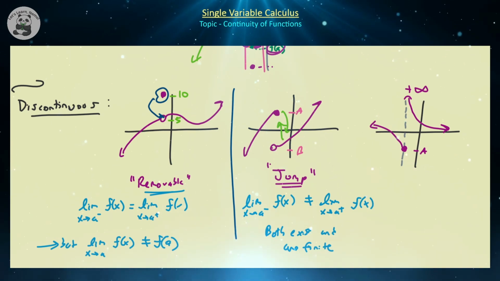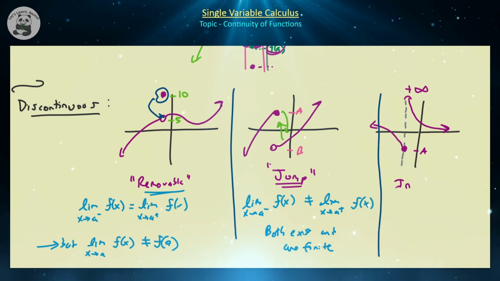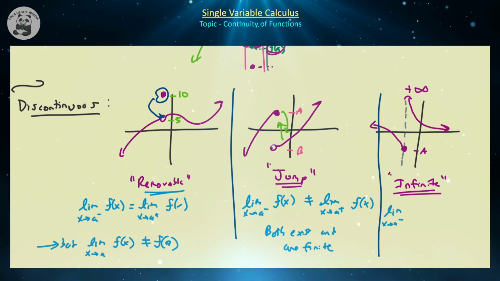Now it could approach positive infinity or negative infinity from both the left and the right, but for this type of discontinuity, which is often referred to as an infinite discontinuity, we just will classify as the limit as x approaches a from the left and the limit as x approaches a from the right. They could be equal to each other or not. That's not the point.